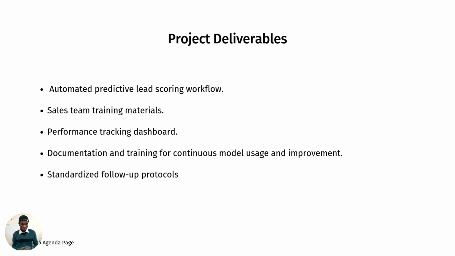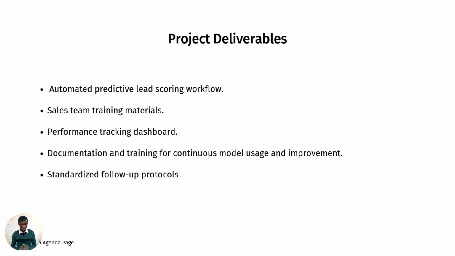We also produce sales team training materials on how they're going to be using the model, the interpretations for the model, and all that. Then we also introduce a performance tracking dashboard so that we're able to track the most important KPIs during the entire process, both when developing the model and when we have deployed it.